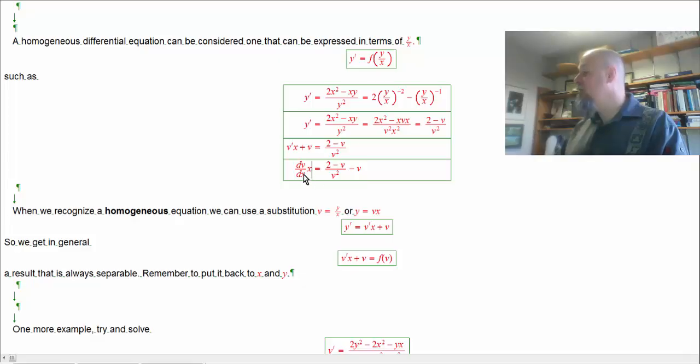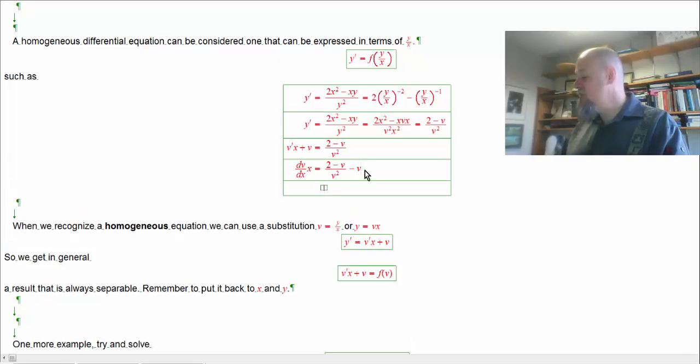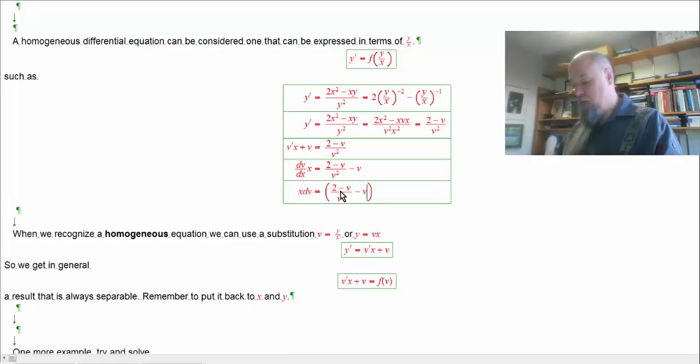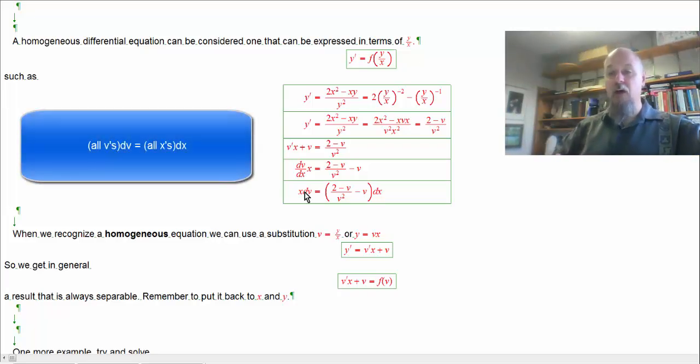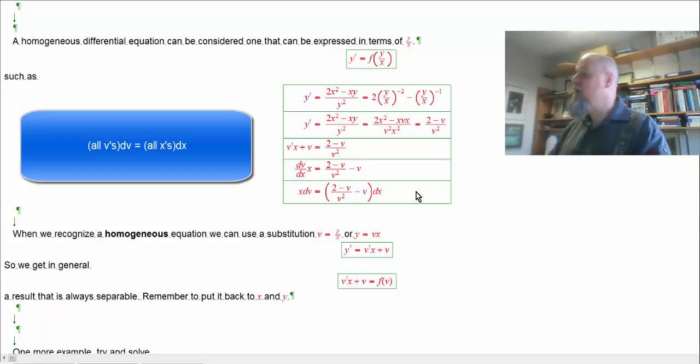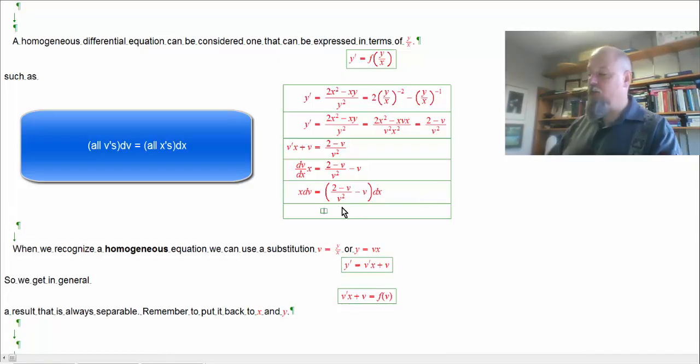Oh, and now I can see that if I multiply up the dx, I'm going to get a dv side and a dx side. Now, I'm not there yet, but I've defined my v side and my x side. So I need to get all the x's on the x side and all the v's on the v side.